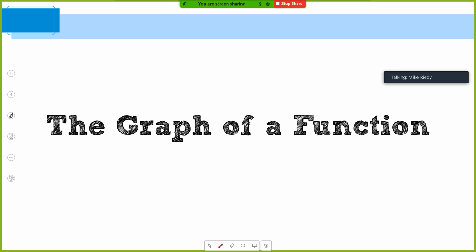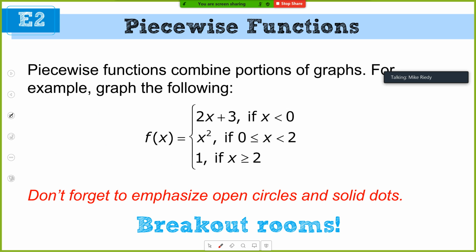Okay. The exception to that would be graphing piecewise functions. The most common mistake I find with piecewise functions is people forget this important word. When you're done with your piecewise function, it still has to be a function. Okay.